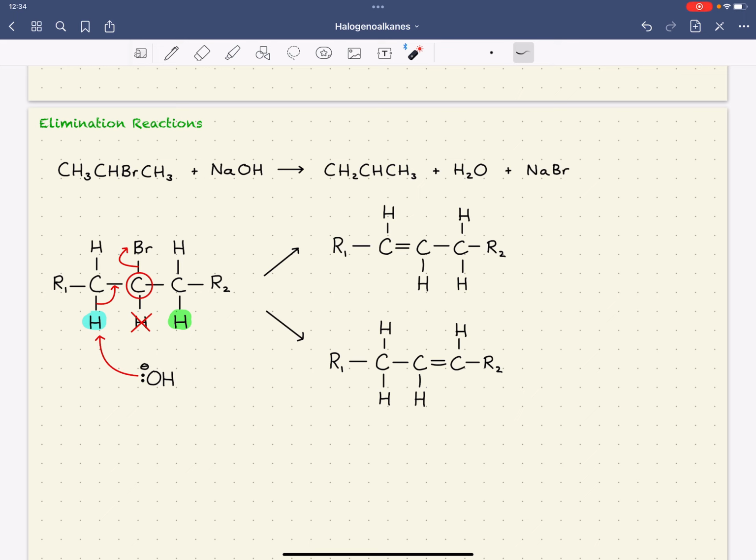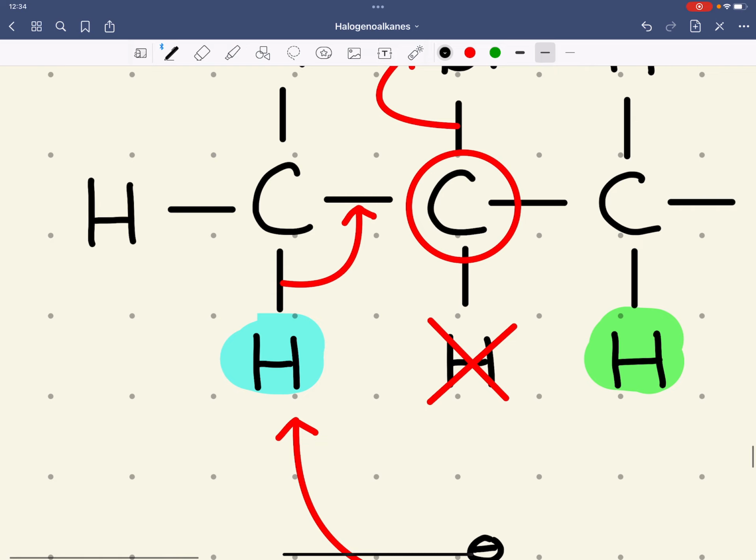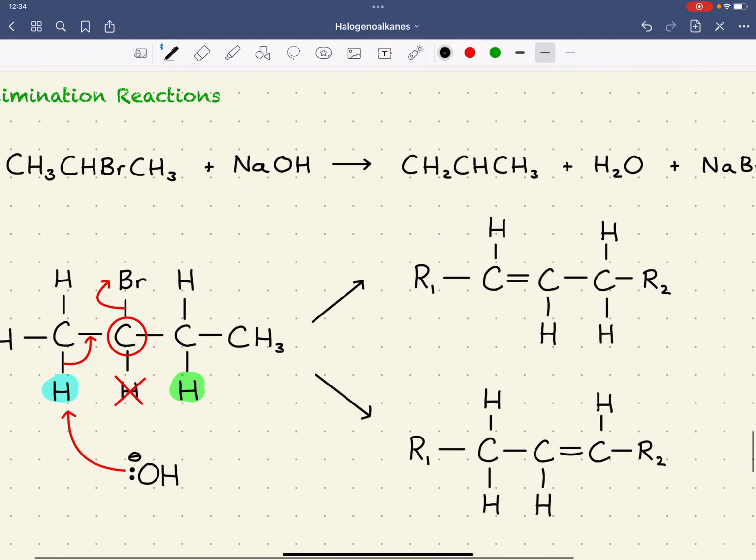If R1 and R2 are different, you would get potentially two different products, two positional isomers. So let's just examine that. So for example, if R1 was H and R2 was say CH3, then let's see what we get.